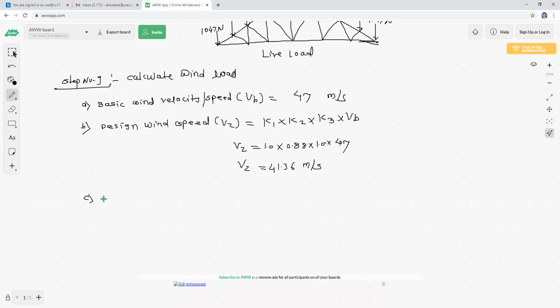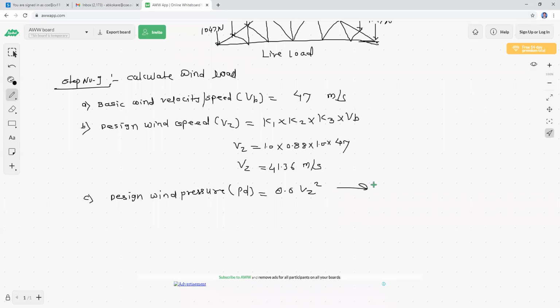Now next is the design wind pressure. We have to calculate design wind pressure, Pd. So how to calculate Pd? 0.6 Vz square.